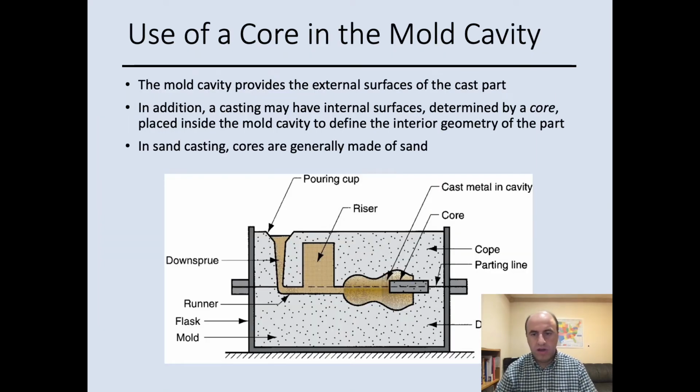As I mentioned earlier, we need a core for the internal surfaces, and the core is made of sand material and some binder to keep that shape. After the process, once the part is cooled down to room temperature, we need to remove the core from the part. There are various methods for this step.